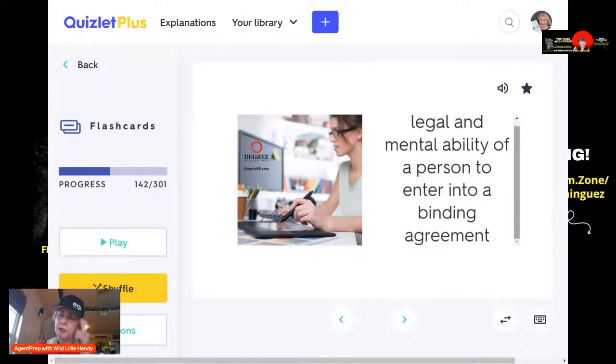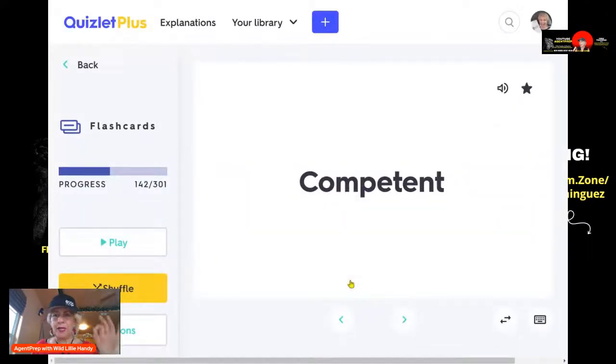So in other words, you are of good mind that you can sign your own contract, your own purchase, sales agreements, anything. Competent, says Tiffany. Good. Let's see what it ends up being. Competent. That seems common. Competent. You win. Yay.